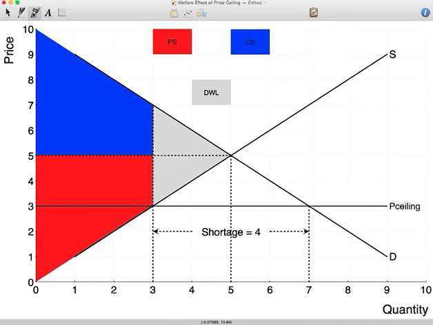So let me highlight that area that used to be producer surplus, but now has been converted to consumer surplus. So this area here is now consumer surplus. If you remember, the original area of consumer surplus was this.